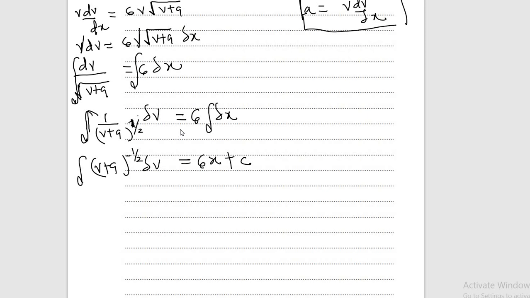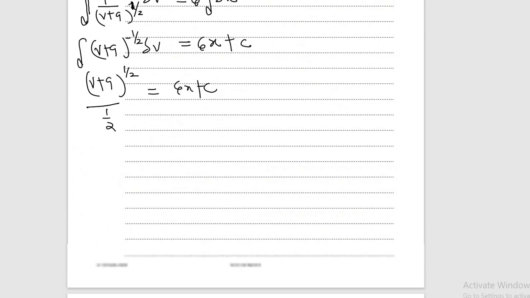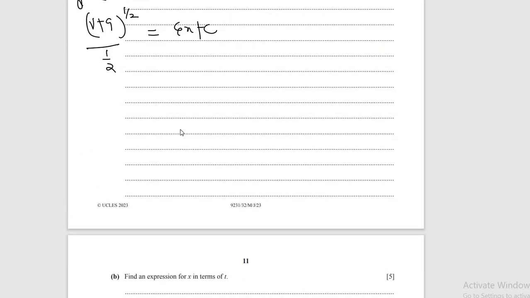When you integrate this, we have (v plus 9) raised to the power minus half plus 1, over half, equal to 6x plus the arbitrary constant. When you simplify, you have 2 square root of v plus 9 equal to 6x plus c.